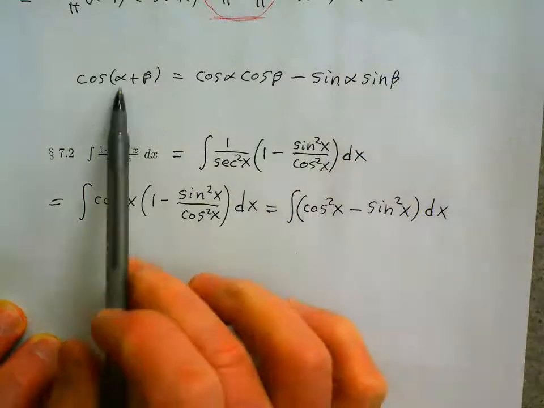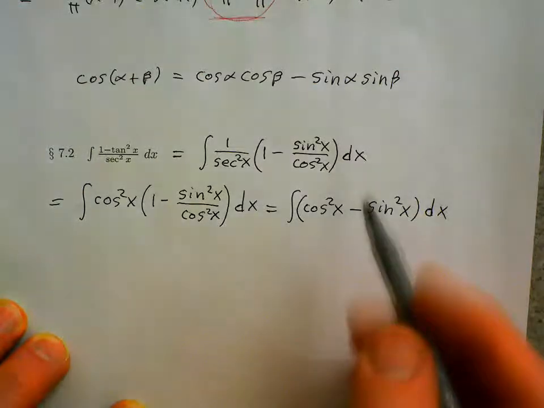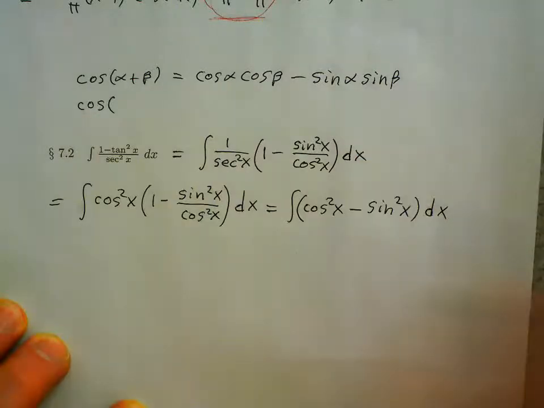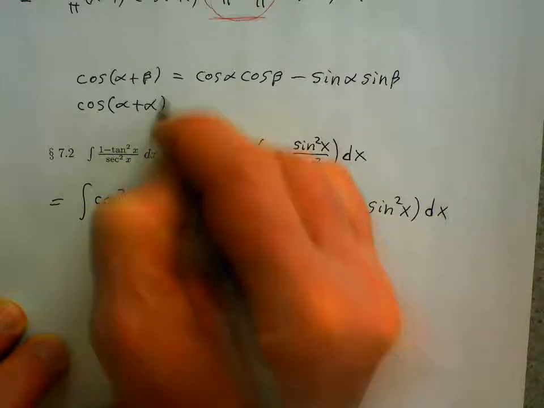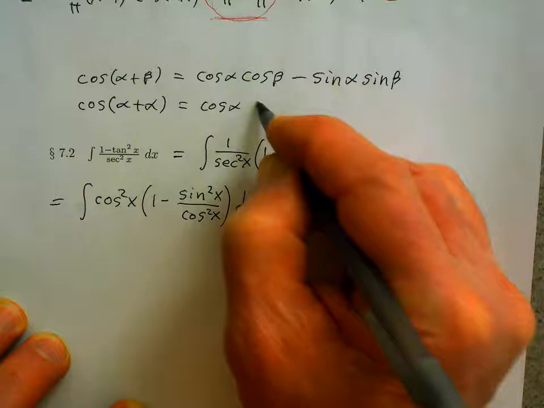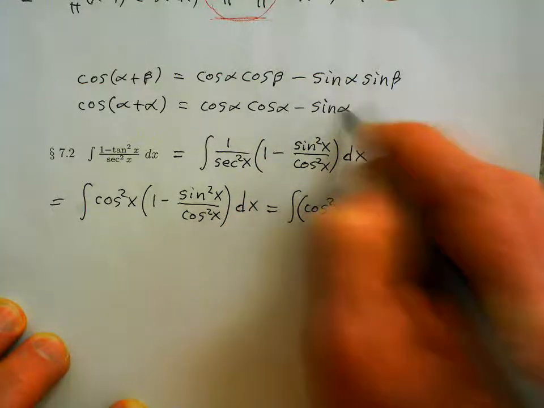But what if alpha and beta are equal? So I'll just say, suppose we have cosine of alpha plus alpha. That's cosine of alpha times cosine of alpha minus sine of alpha times sine of alpha.